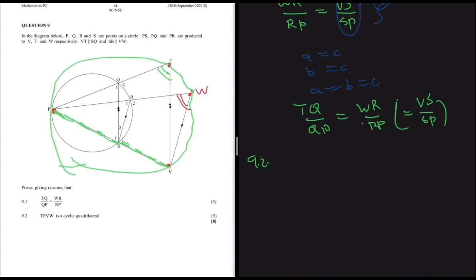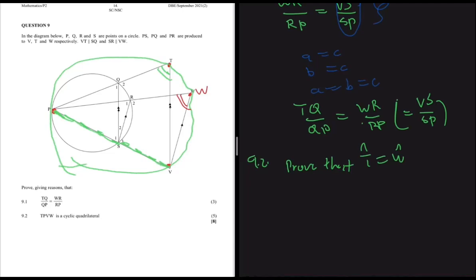So if we can prove that angle T is equal to angle W, then we have proved that TPVW is a cyclic quadrilateral. Because if indeed it's a cyclic quadrilateral, then T and W should be equal to each other, because they will be subtended by the same chord PV.